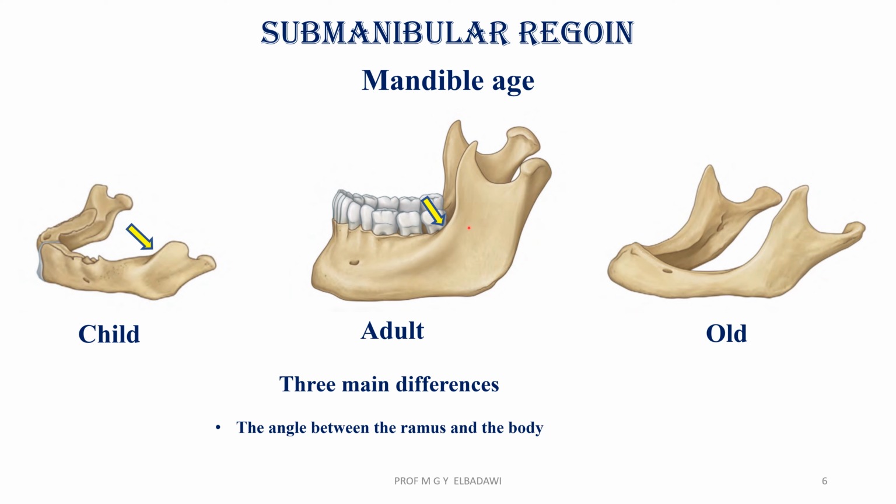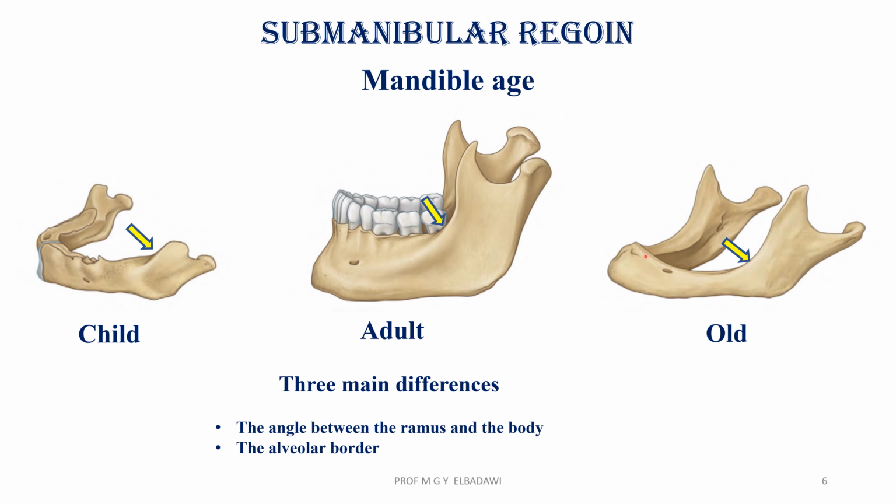In the adult, it's almost a right angle due to the well-developed alveolar border and the teeth. In old age, it is again obtuse because of the absorption of the alveolar border and fall of the teeth at that age.